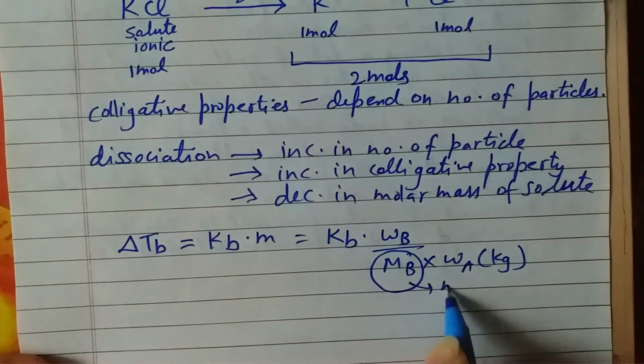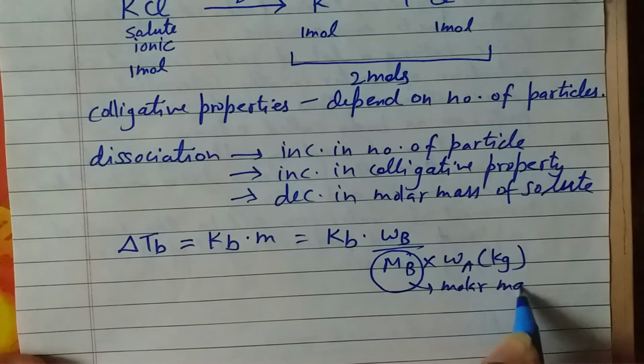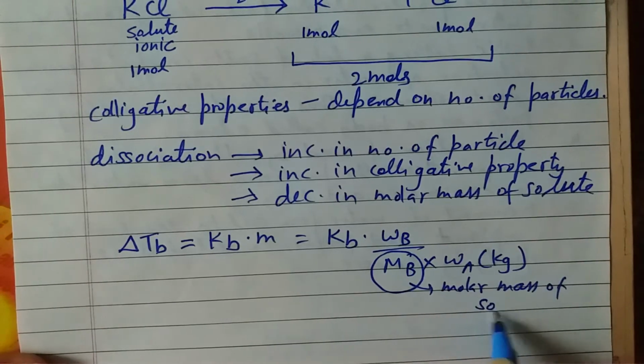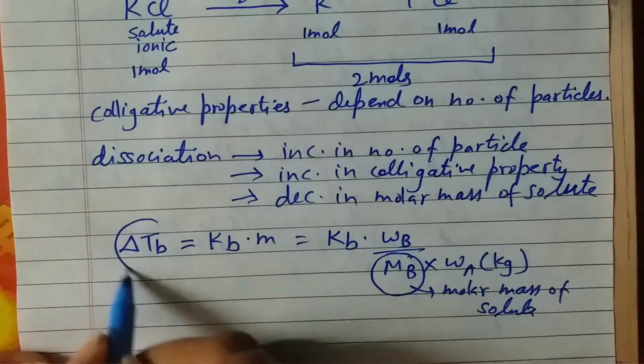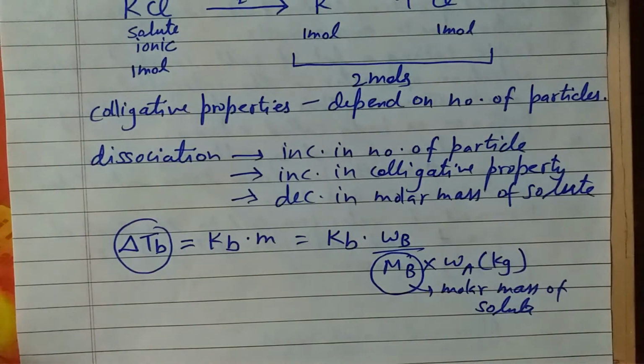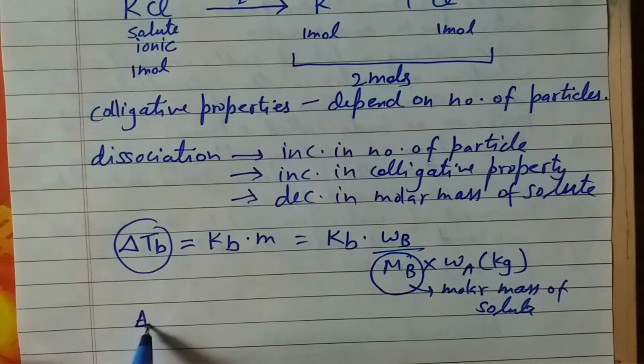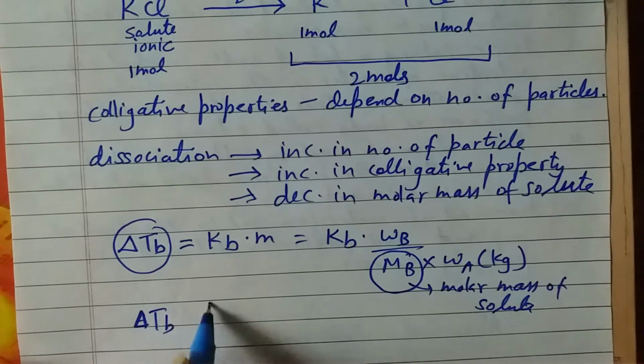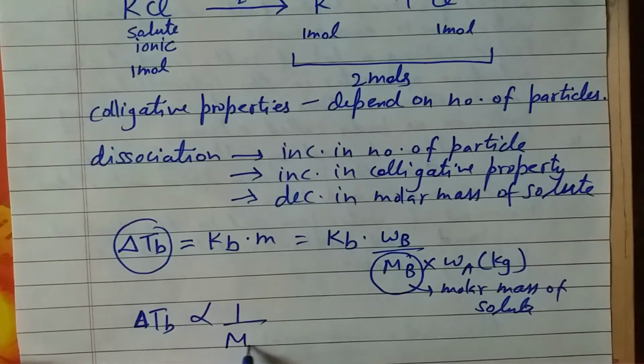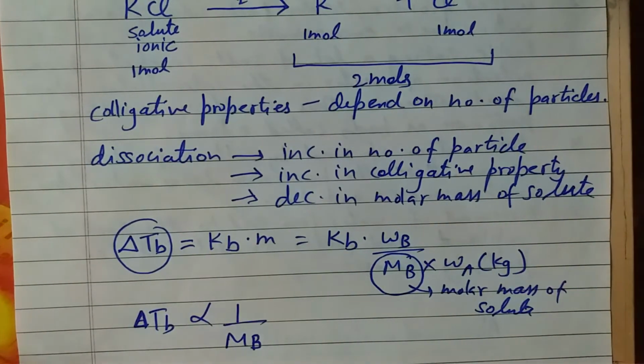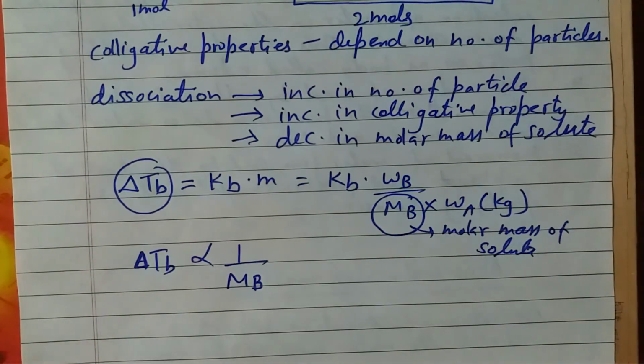This is MB, the molar mass of the solute, and this is your colligative property. How are the two related? As you see, delta TB is inversely proportional to the molar mass. The colligative property is always so; I have taken the example of delta TB, you may take the example of delta TF, or the osmotic pressure, or the relative lowering in the vapor pressure, any colligative property.